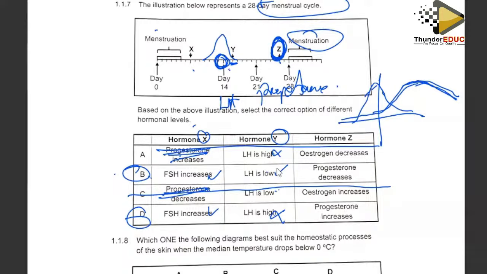When it degenerates, it produces less progesterone, so automatically this hormone is going to be dropping in level. So this Z, which is progesterone, must be decreasing. Estrogen, no. Progesterone decreases. You see, it's giving us the perfect answer. Now B becomes the most correct answer. So the answer here is B.